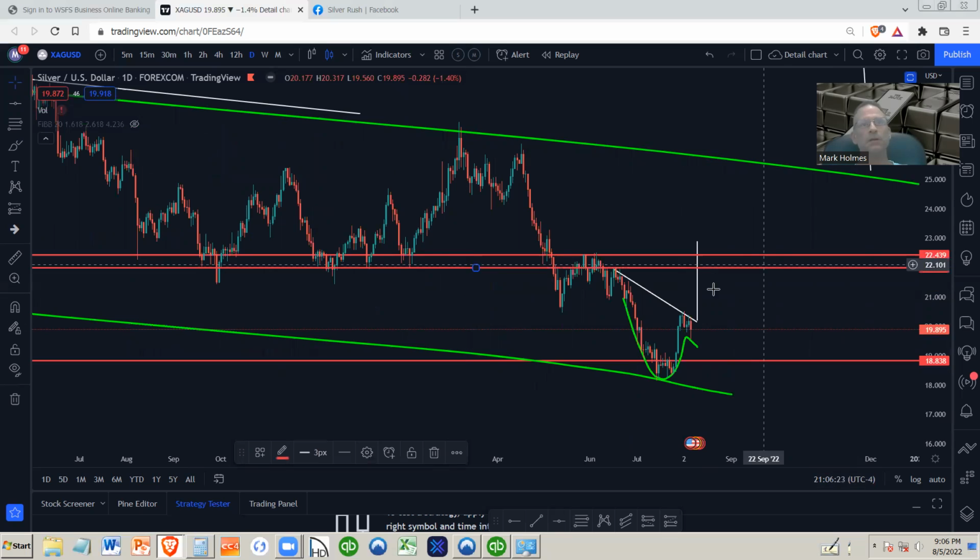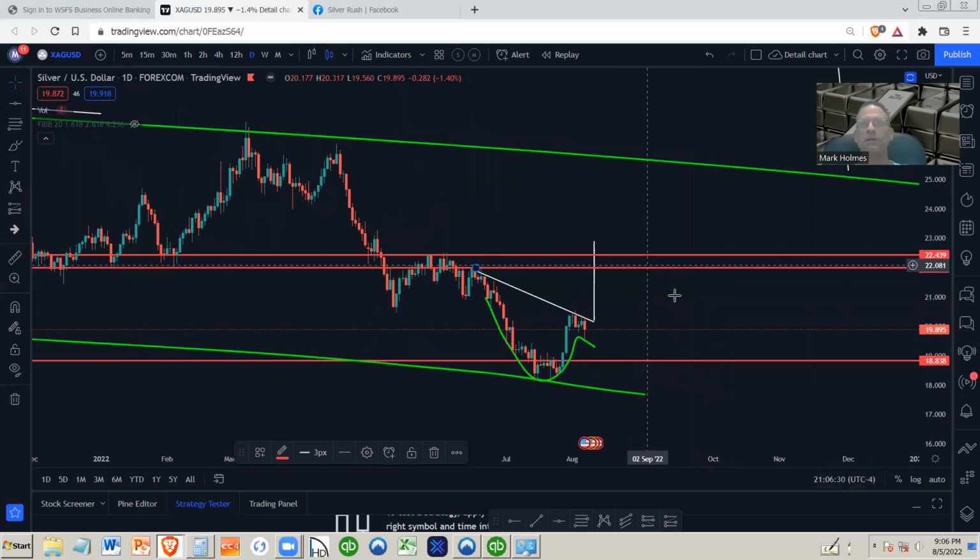This would be a resistance zone here, so basically $22 to $22.50, around that area. So that's a support or a resistance zone. It would have to go through that to hit that price target. So we're going to watch that too.